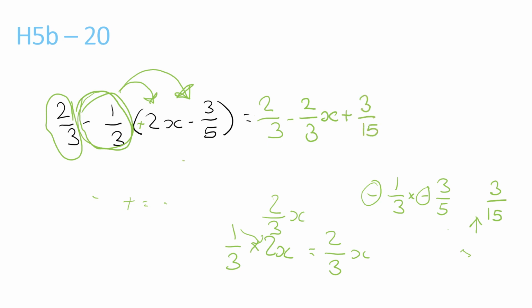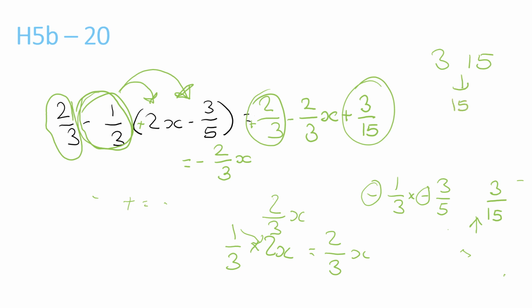Then you have to find out. So I normally put minus 2 over 3 x at the front, and then solve out plus 2 over 3 plus 3 over 15. The LCM of 3 and 15 is 15.